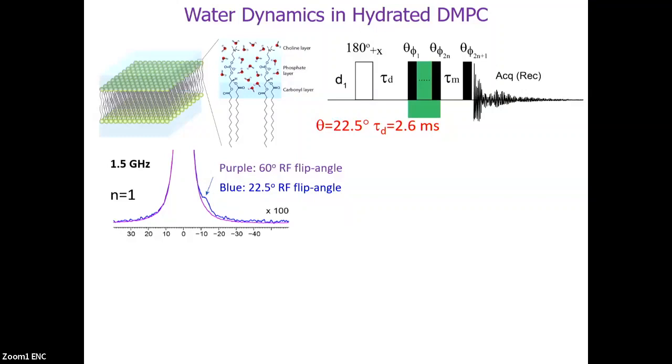And we use n equal to 1 on the 1.5 gigahertz magnet, with not quite enough separation of the bulk water, but maintaining the bound water signal. Here in the blue, we see a bump.